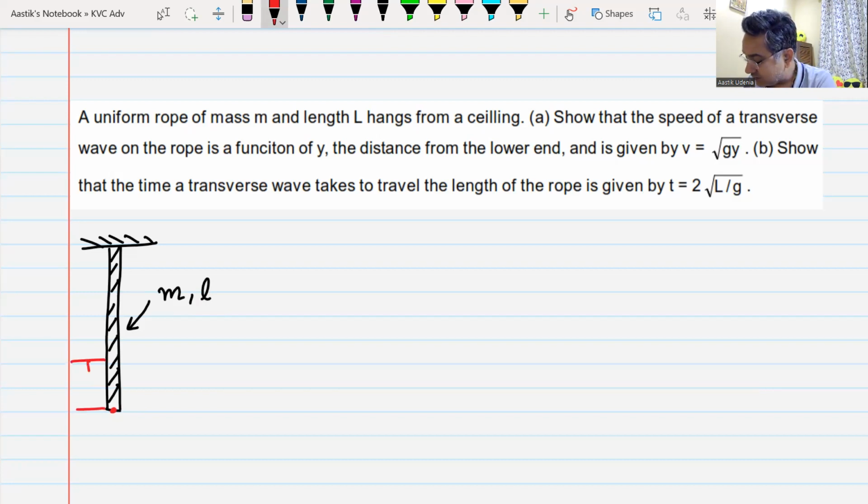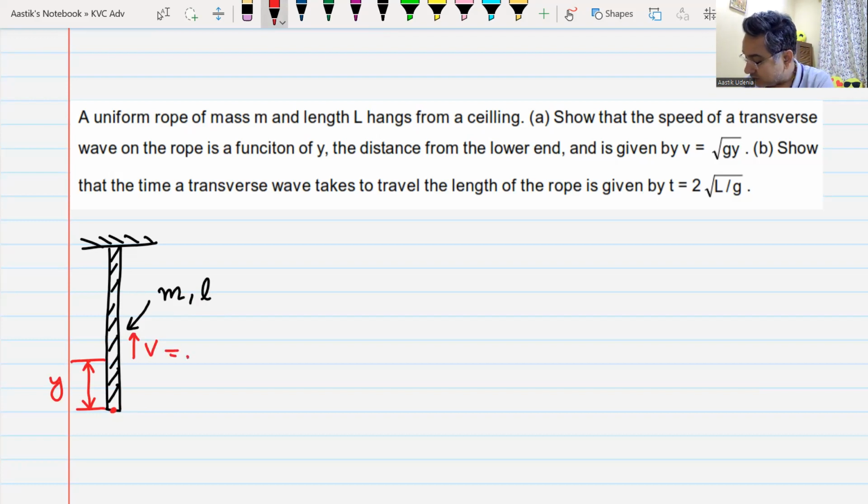If I go a distance y up, and if I call the velocity of this wave v, remember this is a wave moving with different velocity at different points.